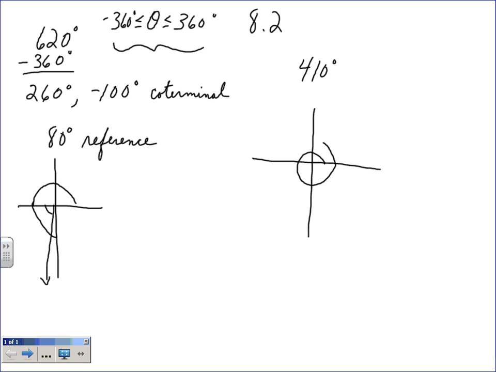So it's going to be somewhere in here, right? And so 50 degrees, and that would be one. And then if you subtract 360 from that, you'll get negative 310. That was number 29. And so these two angles are now within our range of negative 360 and 360. Does that make sense?